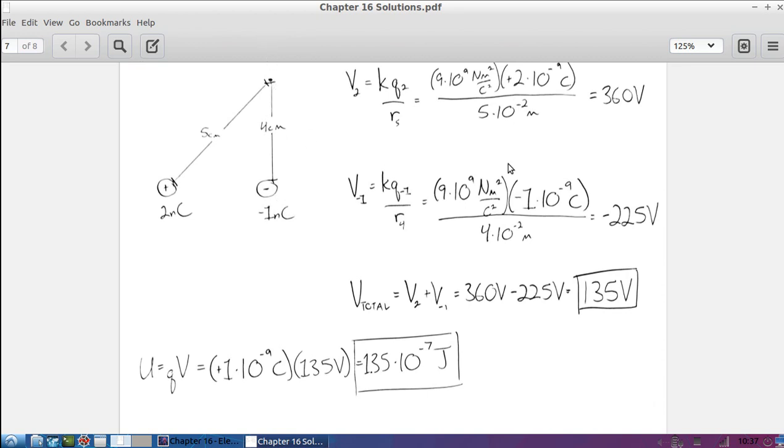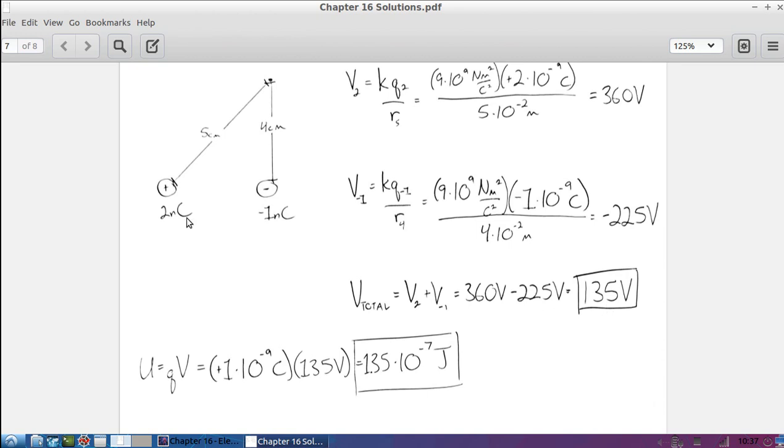Don't forget to convert your distances to meters. And we have negative 225 volts. So calculating the net potential at that location, I'm just adding these two scalars up. So 360 minus 225 volts gives me a net potential at that location of 135 volts.